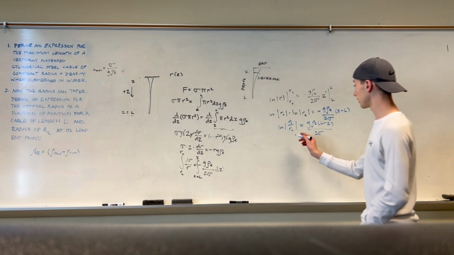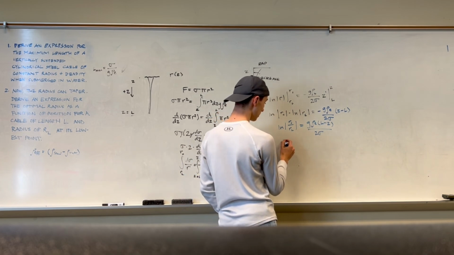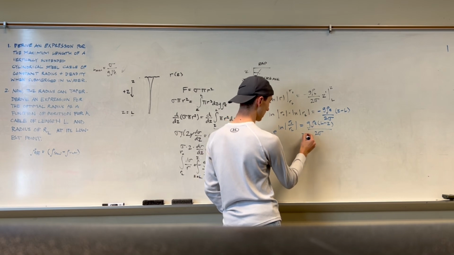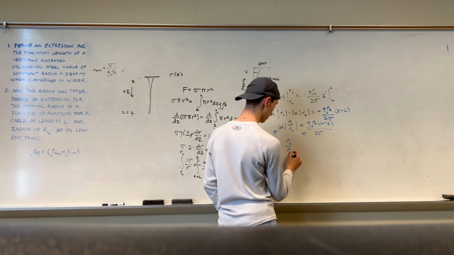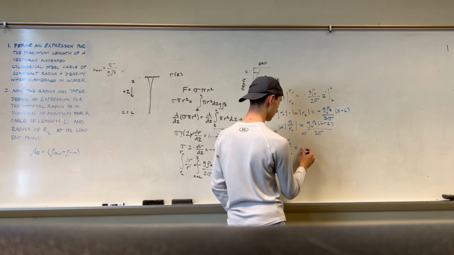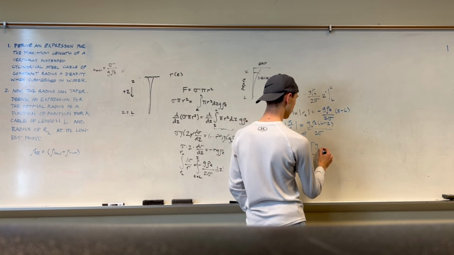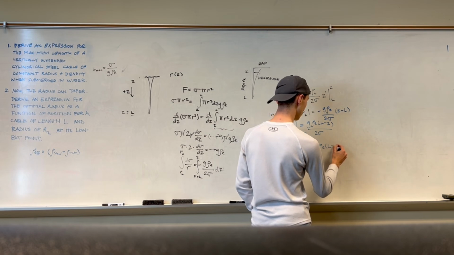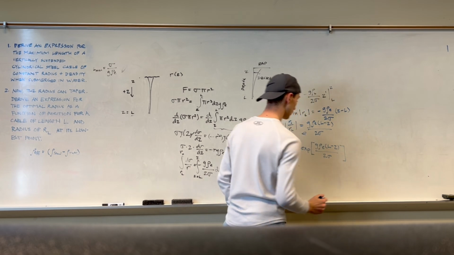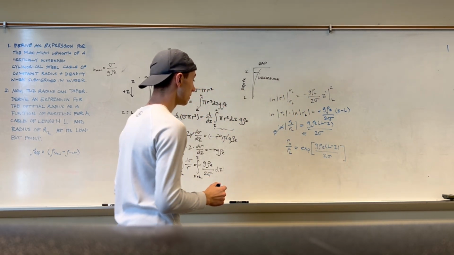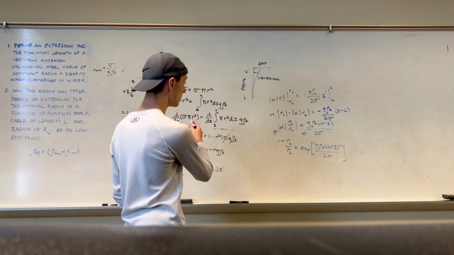Now we can get rid of this natural log by exponentiating both sides. If we take e to both sides, these cancel out. Now we're looking for this as a function of z, which I think we've got now.